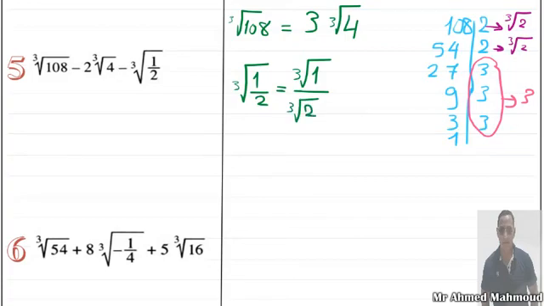Okay, as I said before, if we have a root in the denominator, then we need to cancel this root. Then we are going to multiply up and down by 2. But here 2 is not enough to make this one a whole number. Then we are going to multiply another time, or we can make this 2 to the power of 2, which is easier for you.